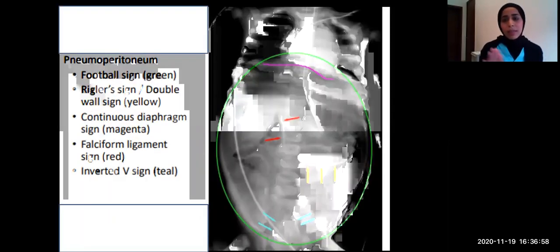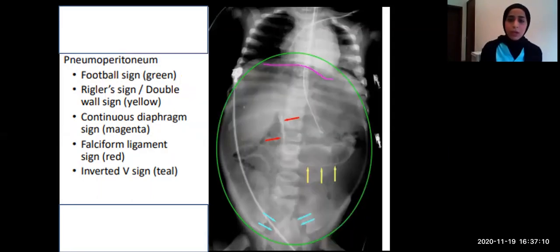And this is the typical radiograph for pneumoperitoneum in a very young baby, showing you the signs of pneumoperitoneum, which is the football sign, the free air within the intraperitoneum, the falciform ligament, the double wall sign of the bowel outlined by the air, and the inverted V shape.